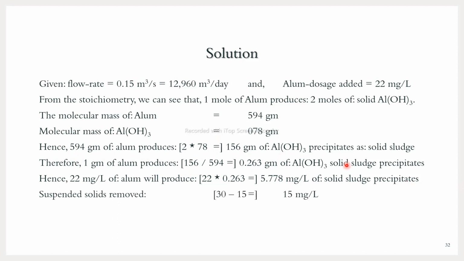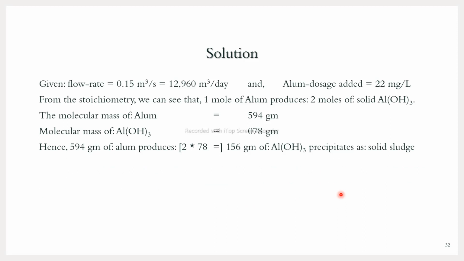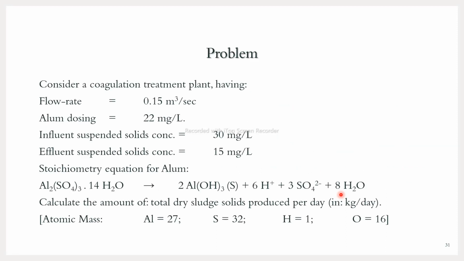So now suspended solids removed will be 30 minus 15 equals 15 milligram per liter. Why are we considering that? Because here they are telling not only about the aluminum hydroxide solid. If it was asked in the question to calculate the amount of total dry solid sludge on aluminum hydroxide basis, then only you should have calculated that one.